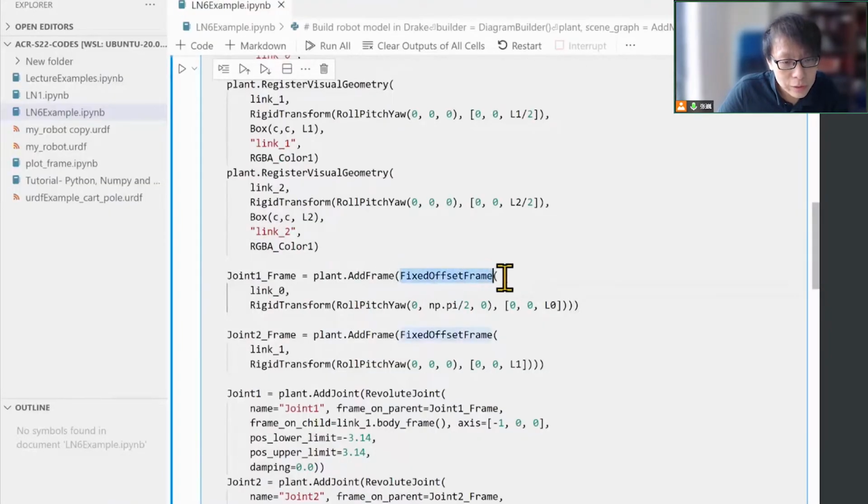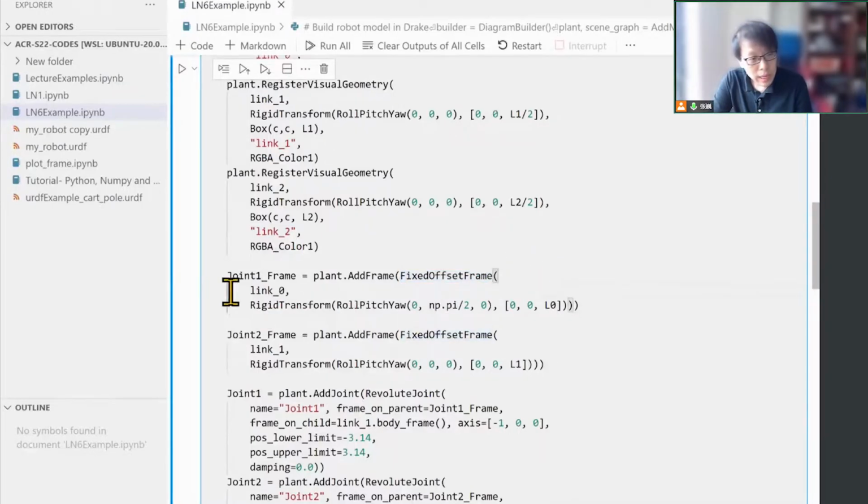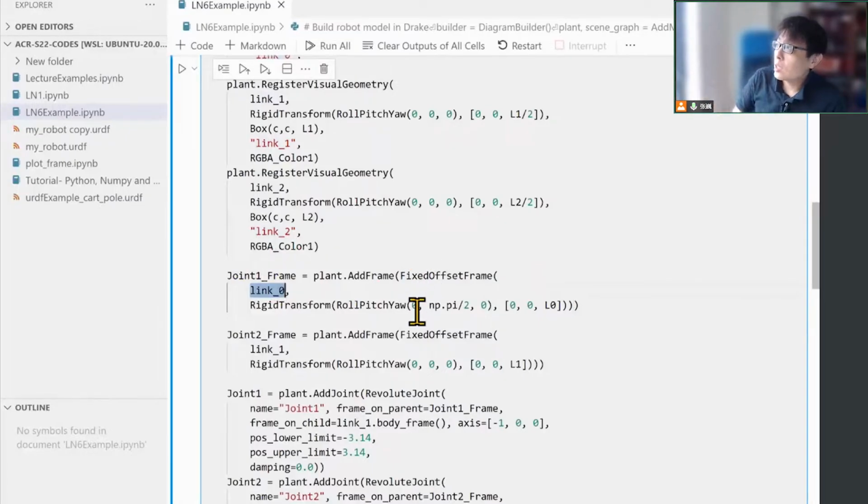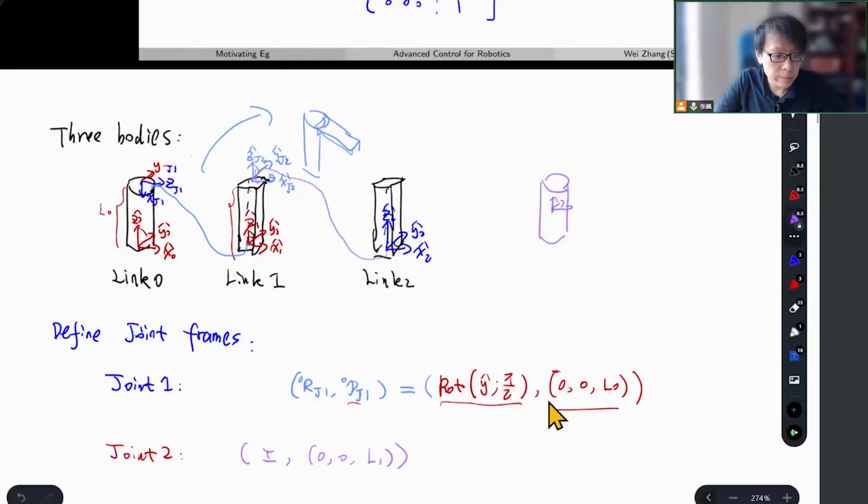You have to use a fixed frame, so this add frame means you add a frame to that body, link 0. It's a constant frame, and this frame has a homogeneous transformation matrix specified by R and P. This is a rotation about the y direction by half pi, and this is the displacement along the z direction by 0. That's exactly what I wrote down here, right?